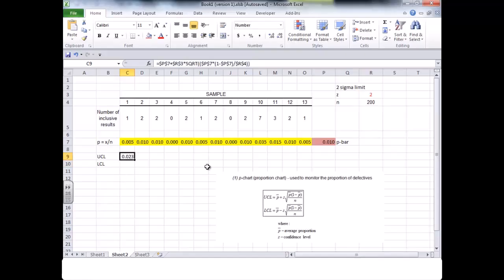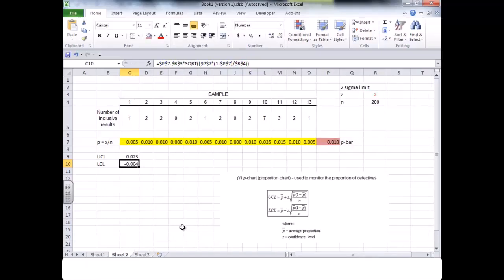The formula for computing the lower control limit is basically the same as the upper control limit, with the exception that we will subtract instead of add the margin of error. So I just copied this formula down here and changed the plus sign to a negative sign. Now, when we're talking about proportions, what is the lowest value we can possibly have? 0.